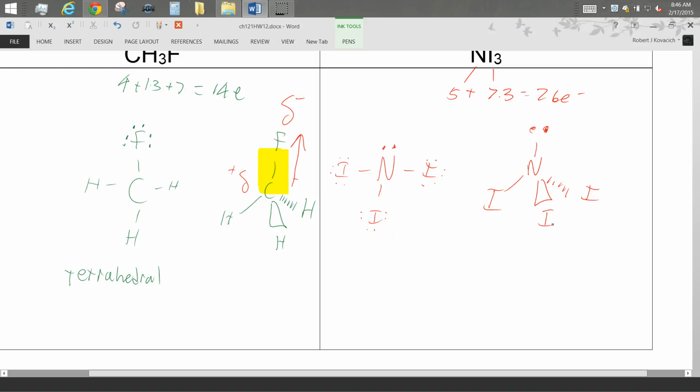Does this have a VSEPR shape? For sure. And it's got a VSEPR shape because the nitrogen has the lone pair of electrons on it. So what's its VSEPR shape? Nope. Not trigonal anything. What is it? It's tetrahedral.